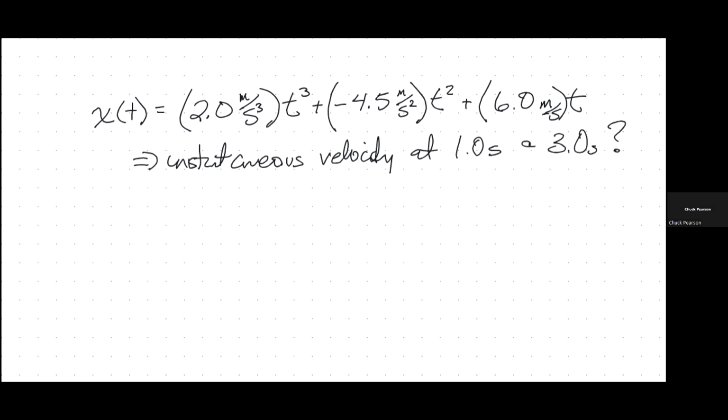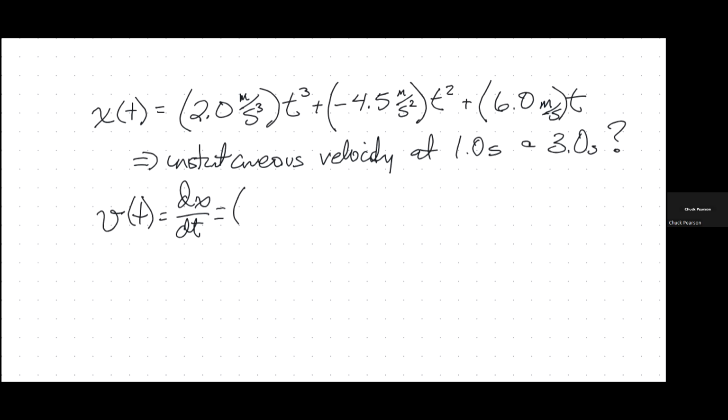Well, if we're going to do that, we need to know v of t as the time derivative of the position function. So we're going to do our standard derivative of each of these terms. We're going to do 2.0 meters per second cubed times t cubed, times the 3 there. 3 comes down.